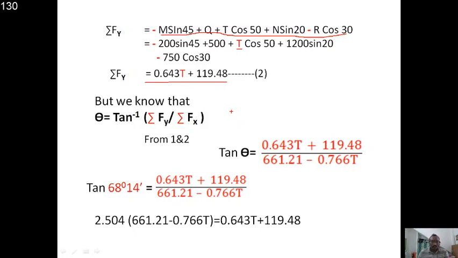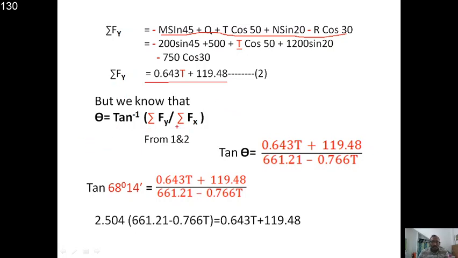And earlier I said that you have two equations: R is equal to square root of sigma f of x square plus sigma f of y square, and theta is equal to tan inverse sigma f of y by sigma f of x. The second equation is easy for calculating one single unknown, therefore I am using it.